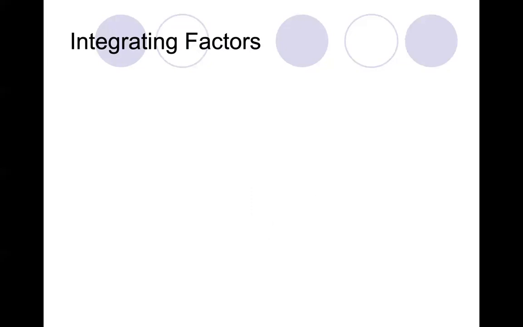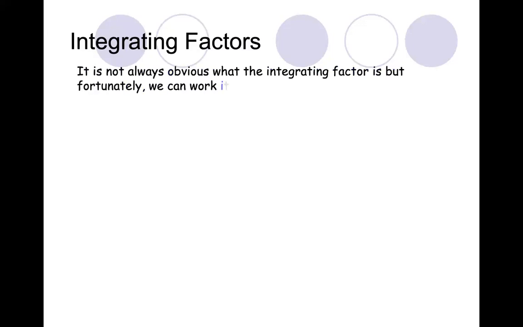Now, we were able to find the integrating factor in the previous example very easily. We can use our intuition to see that if we multiply by something, we will get an exact derivative. But it is not always going to be so obvious.